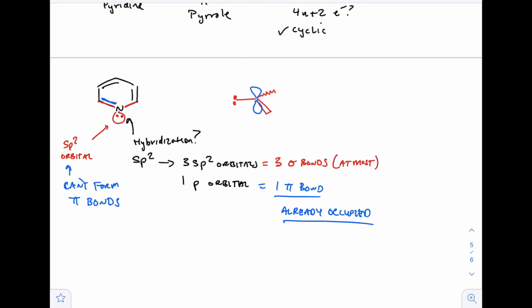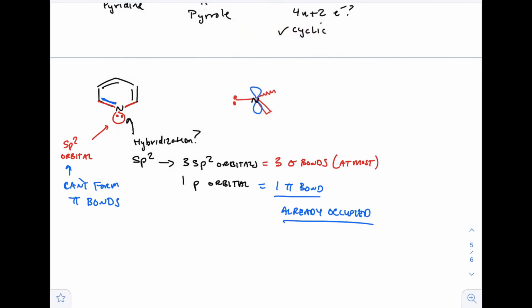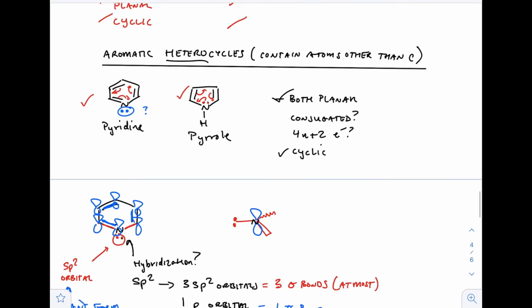Okay, the lone pair would be like in that one. And so the point of me drawing it like this is to show you that it's actually planar and it's sticking to the left while the other sigma bonds are to the right, and then the p orbital is up and down, and so that's going to actually be parallel with all the other p orbitals, while the lone pair is in an sp2 hybridized orbital that's perpendicular to those orbitals and therefore cannot participate in delocalization of those electrons.